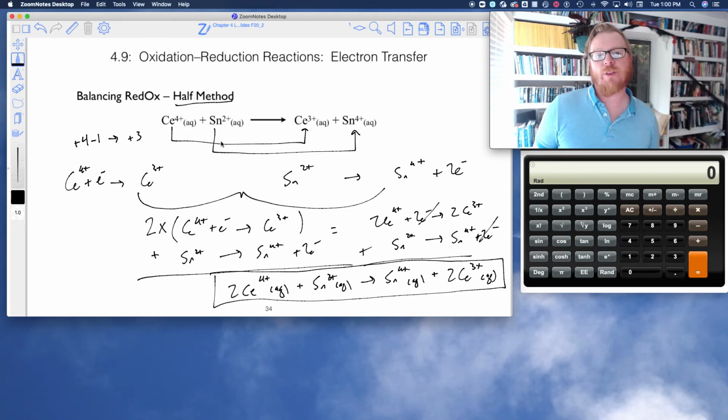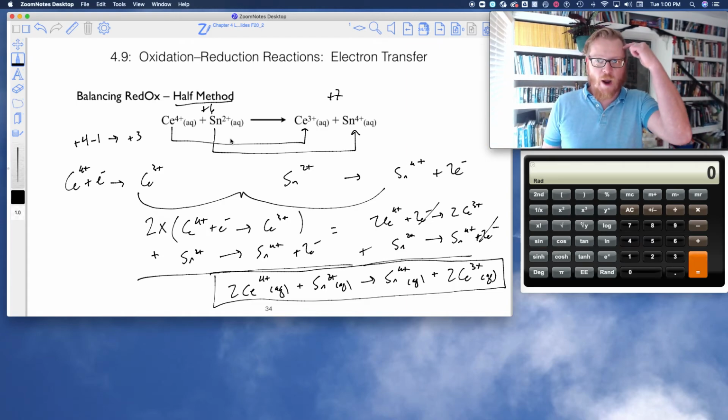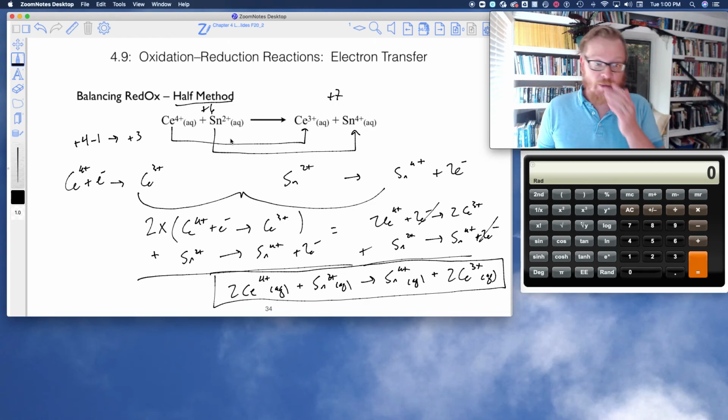And now also, if we think about this for just a second, if we were writing this reaction as is up here, it's 7 total plus on this side, 4 plus 3, and it's 6 total plus on this side. That's how we know this is not balanced. Straight away, if we looked at that and recognized that the charges have to be balanced too, we would have seen that it was not balanced.